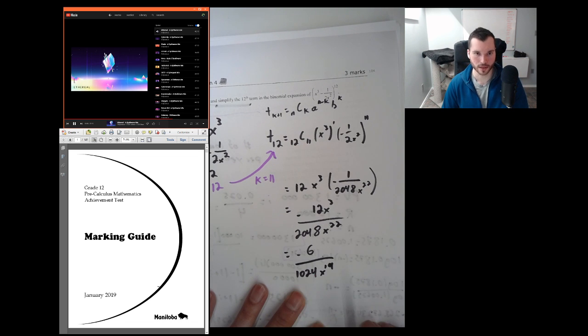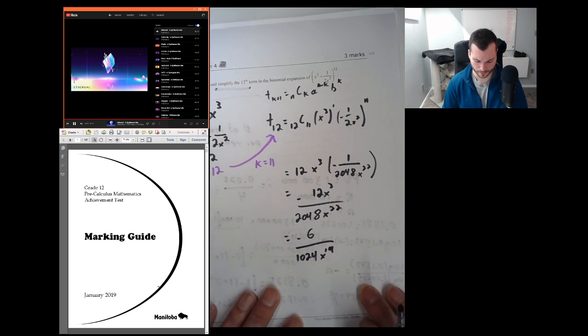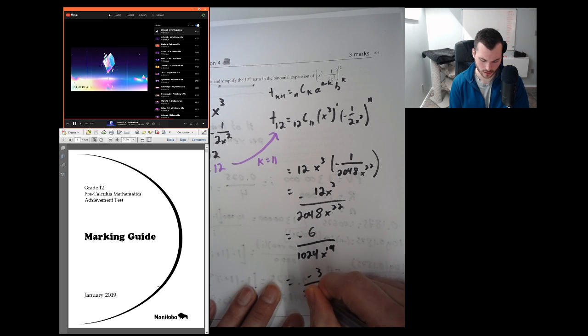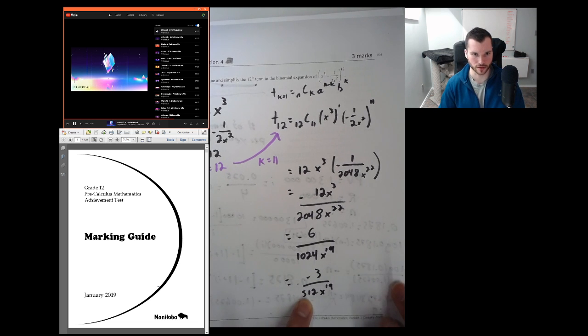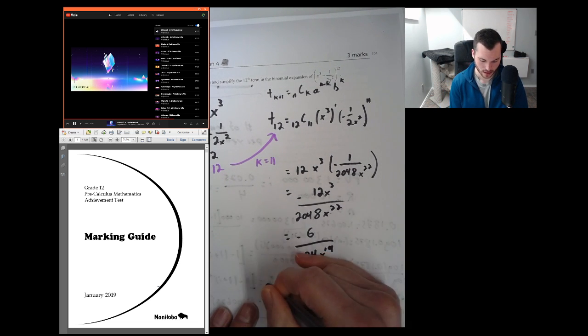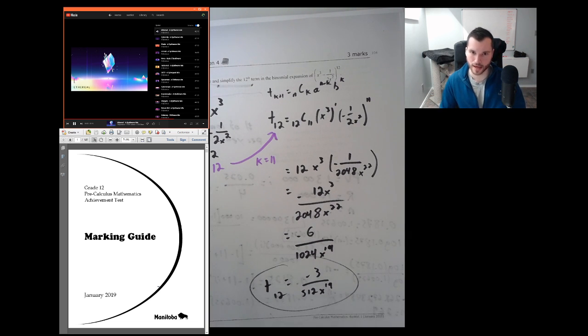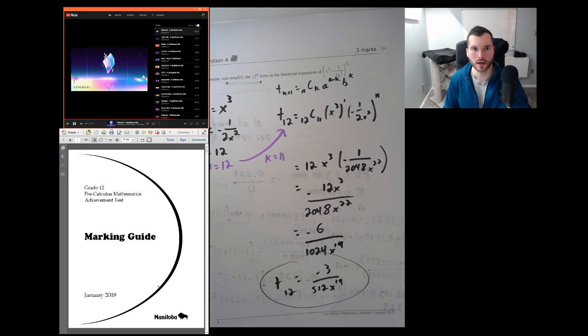Just using some exponent laws here with the 3 and the 22, taking 3 minus 22 and then leaving it in the bottom. Looks like I can keep on going here. So I will do negative 3 over 512, x to the power of 19, and I do not believe that that would be divisible by 3, so that's my final answer. T12.